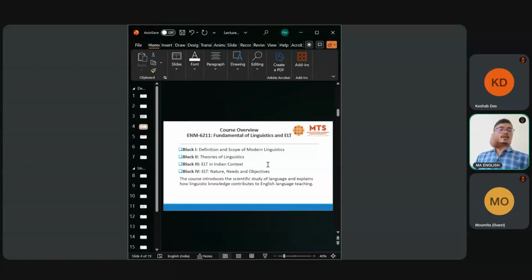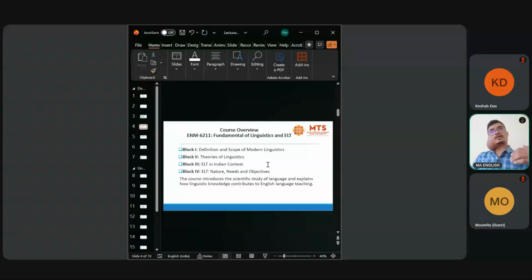In the first block, you'll see definition and scope of modern linguistics, and in block 2, we shall discuss theories of linguistics, and in block 3, we shall discuss English language teaching, ELT in Indian context.